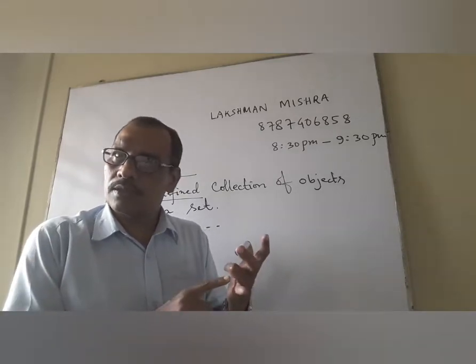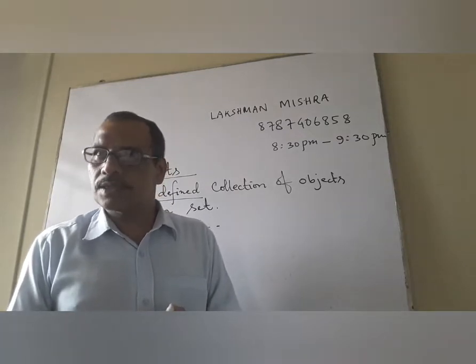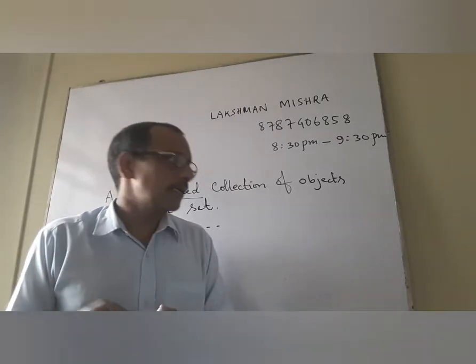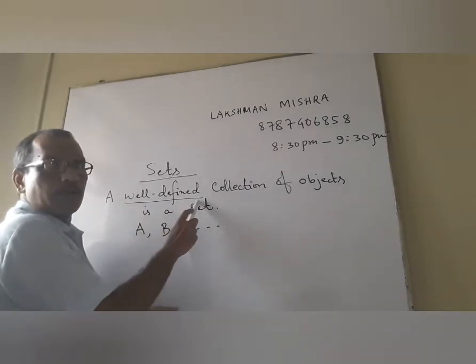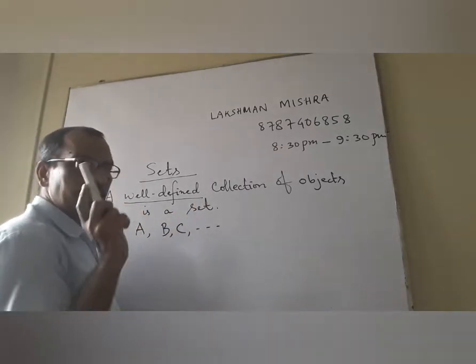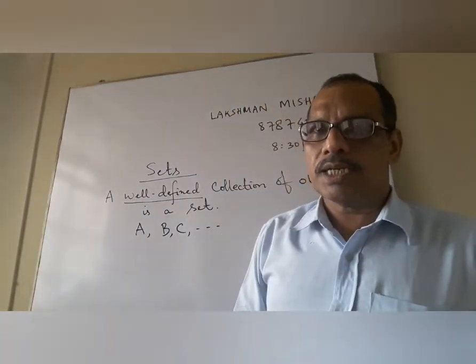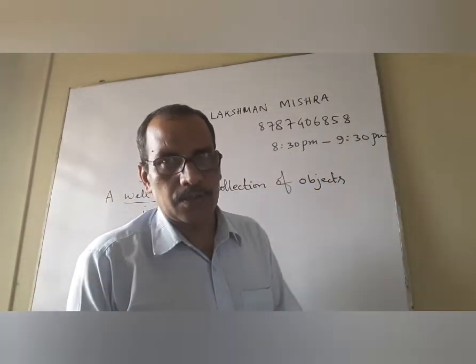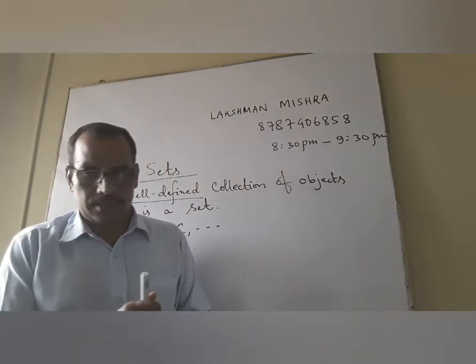If you take a collection of numbers, you take only numbers. By well-defined we mean that we can definitely decide whether a particular object is a member of the set or not.